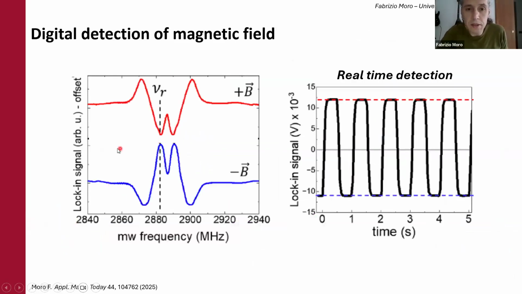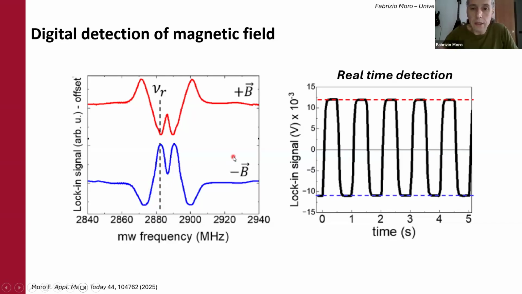So these are the experimental spectra that have been recorded by changing the polarity of the externally applied magnetic field. You can see that the two spectra completely mirror each other, and we can exploit this effect to detect the magnetic field polarity in real time. In fact, we simply have to monitor the lock-in signal at a fixed microwave frequency.